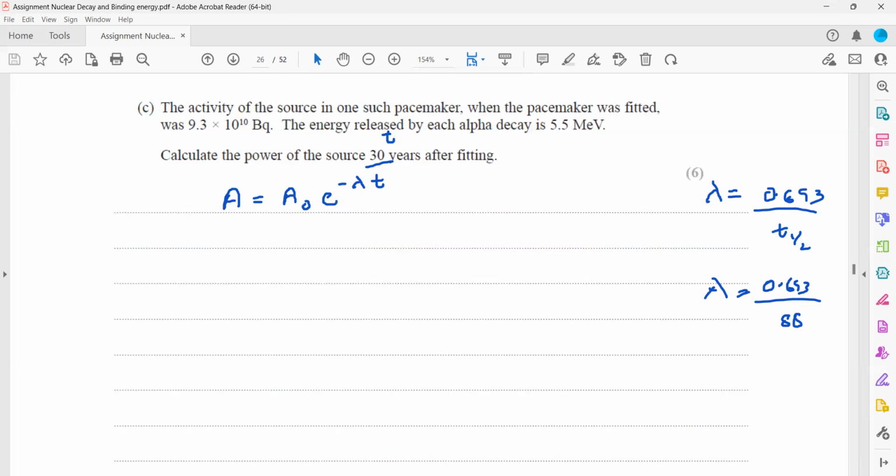So this will give us the value for lambda. 0.693 over 88 is 7.8 times 10 to the power minus 3, and the unit will be time inverse, so it is year inverse.